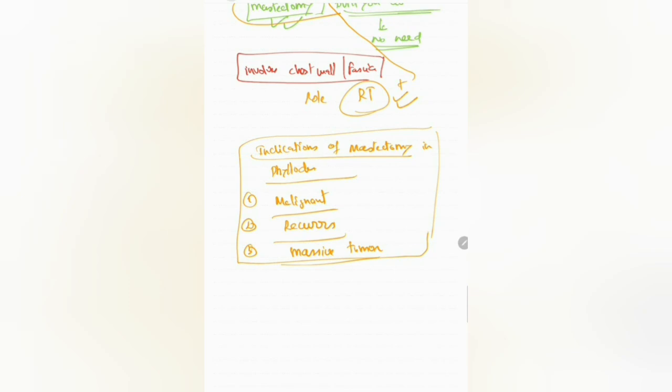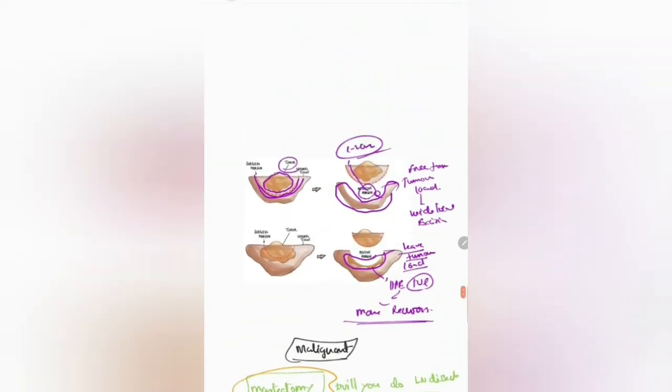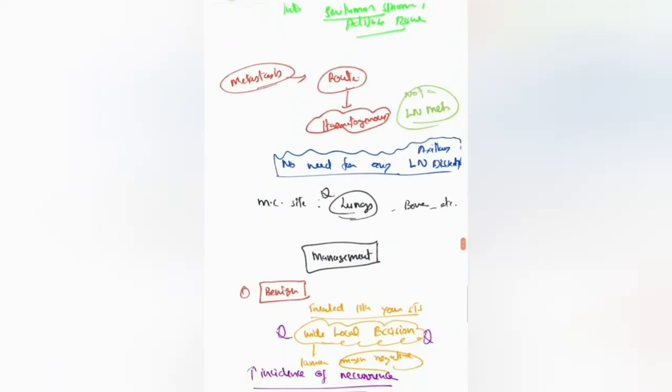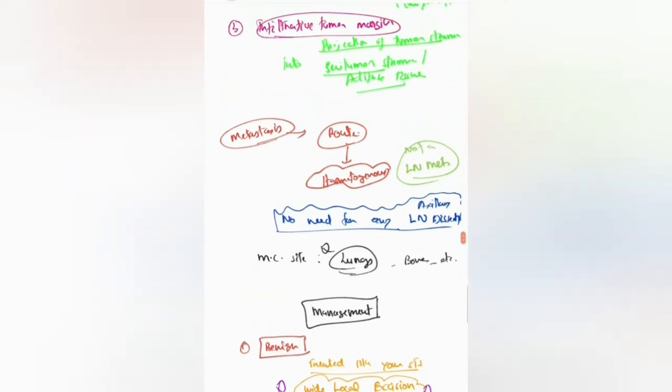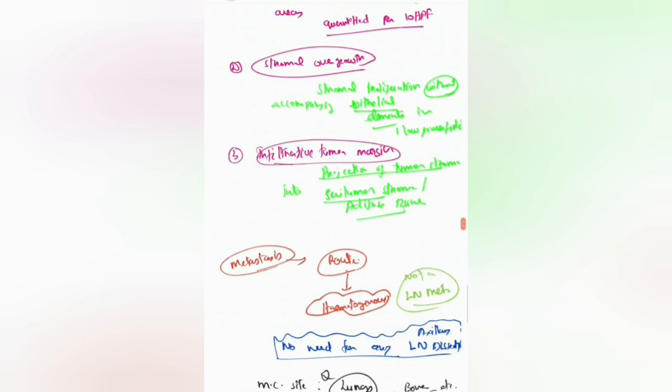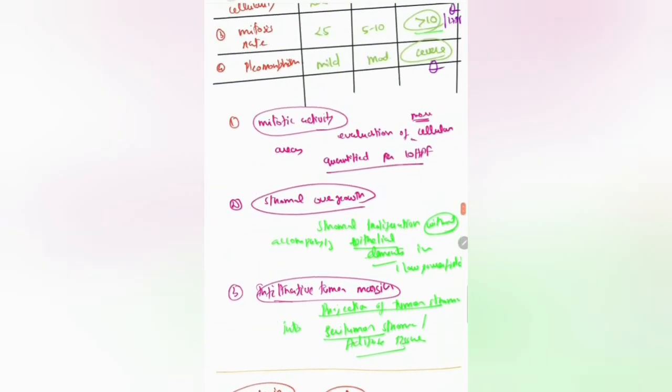So we have discussed in detail about your phyllodes tumor, management of your phyllodes, benign and malignant. Benign, you always do a wide local excision, whereas in malignancy, mastectomy with the role of radiotherapy if it involves the chest wall or your fascia. Then on a brief note on your metastasis, the most common route of metastasis is hematogenous, most common organ or site is lungs.